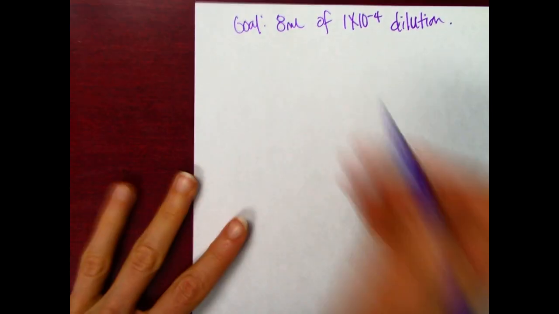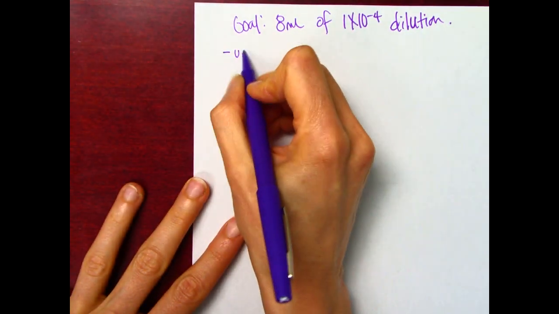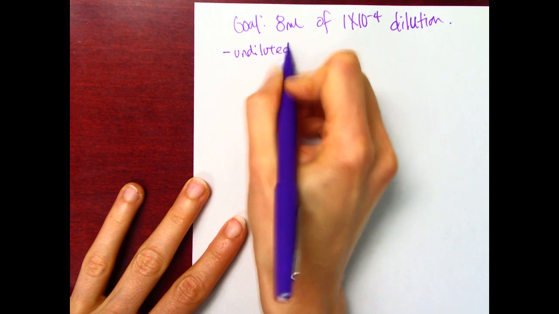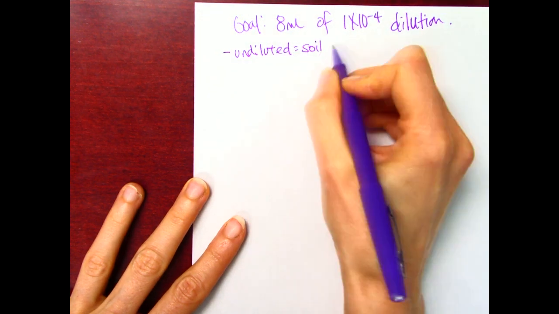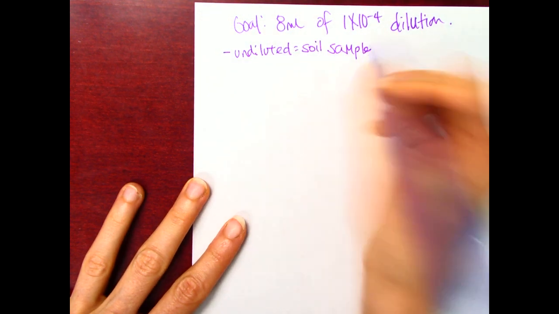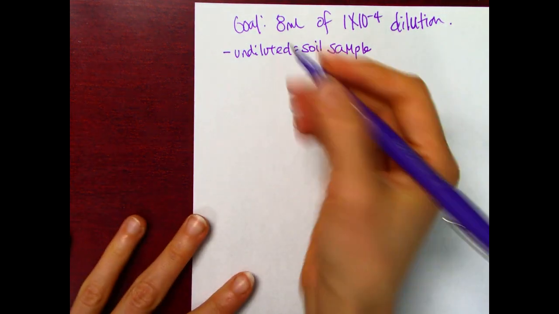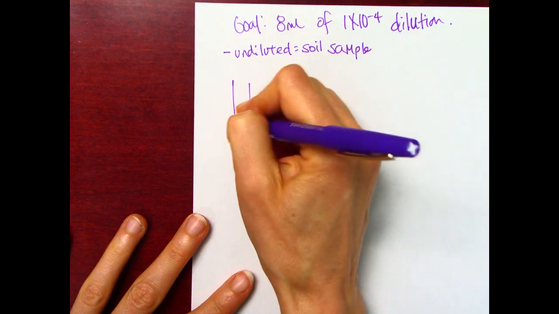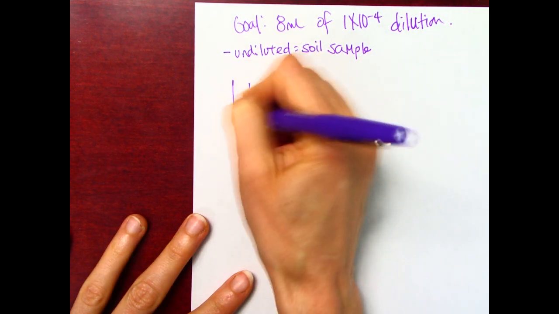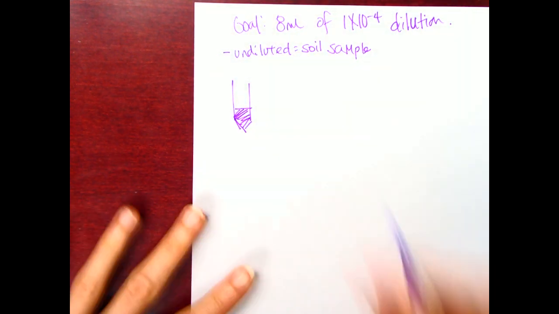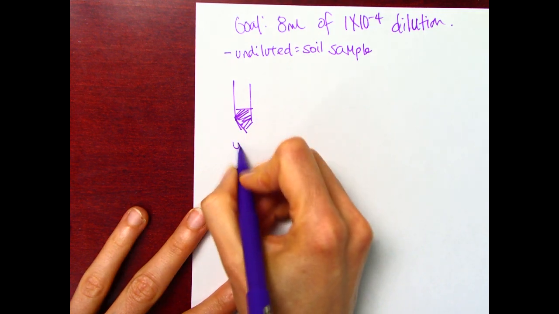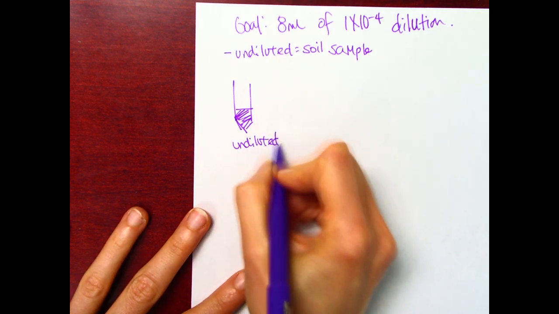Okay, so we are going to start with the undiluted, which is going to be the soil sample that you will collect from your biosquare outside your tree. Okay, so here we have our soil sample in a pointy tube. It's solid. Ta-da. We are going to call this the undiluted sample.